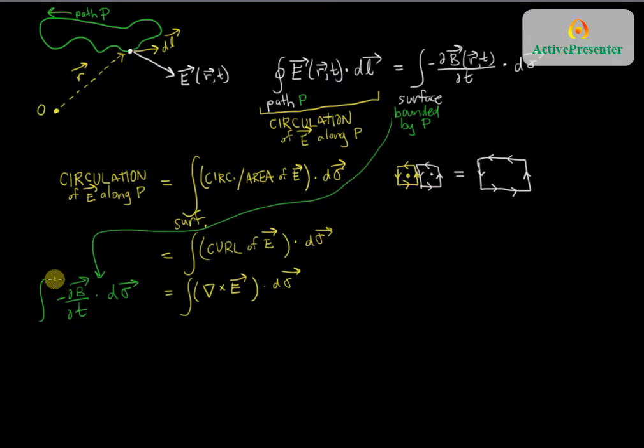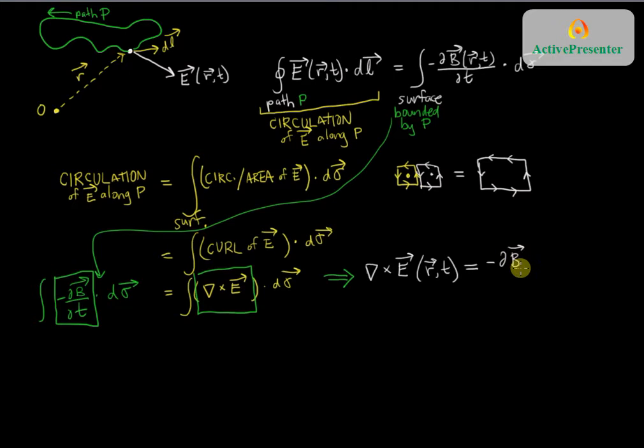And so now I have two quantities that seem to be equal, this and this. So I can go ahead and set them equal to each other, and I get that the curl of E, and now I'll put back the explicit dependence on space and time, curl of the electric field, how much it curls, must in each point in space be equal to the negative time derivative of the magnetic field.